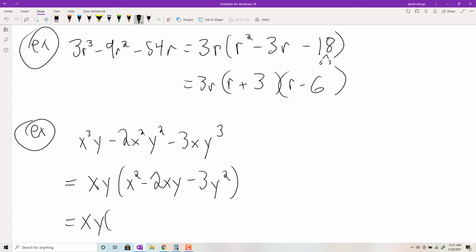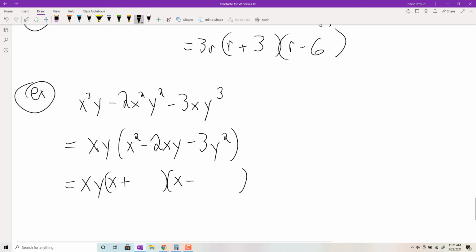Then I could factor this. It looks like a plus minus scenario. X plus, x minus. Well, 2 numbers that multiply to 3, but subtract to be 2. So that's just 3 and 1. The bigger number has to be negative. And then don't forget the y. So this would be 1y and then minus 3y here.